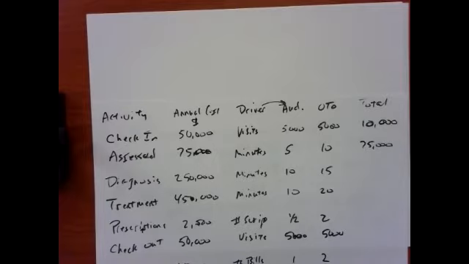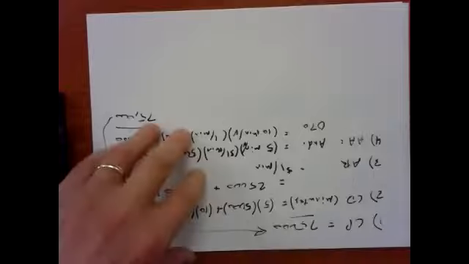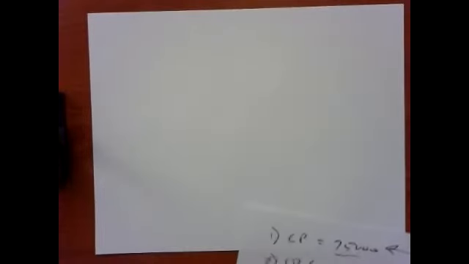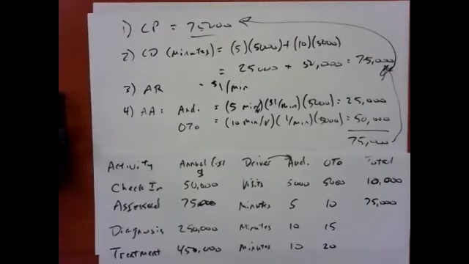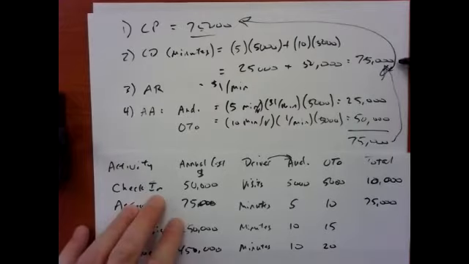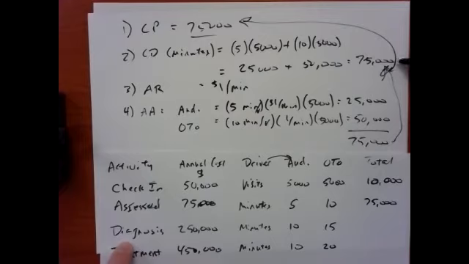So same steps as we did for assessment. We're really looking for this number, but for diagnosis now. We're looking for the total number of minutes. We're looking for that cost driver, that departmental cost driver. We can get to the departmental allocation rate.